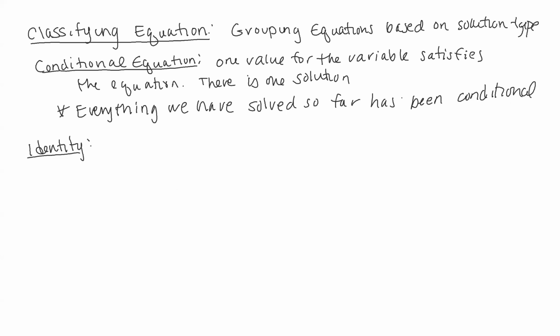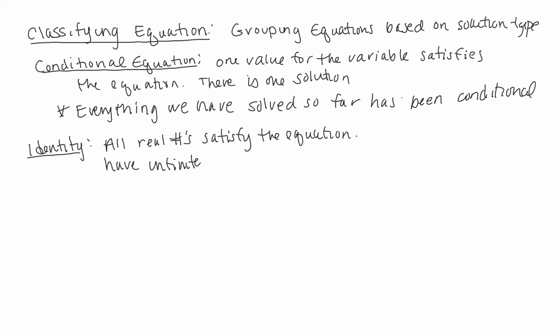So when you have an identity equation, all real numbers satisfy the equation. And these equations have infinitely many solutions. Okay, and what we would say for these equations, we would write it really funny.